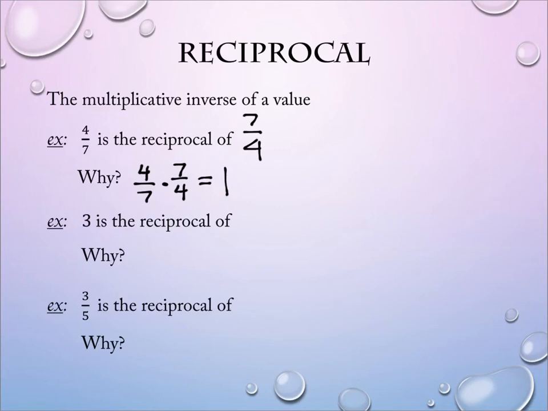What is 3 the reciprocal of? 1 over 3. If you were looking at that and wondering how to do the reciprocal, there's no way to flip it. Remember again, 3 is the same as 3 over 1. So I can flip it, and I will create the fraction 1/3. And why does it work? Because 3 times 1/3 is 1. It's always the reason why.